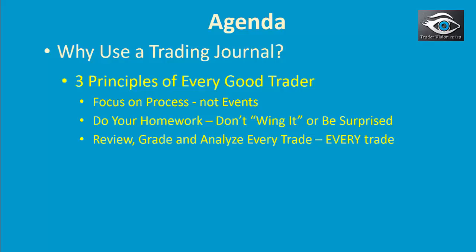That way, when the things that you cannot control fall in your favor, you're ready to capitalize on them. And when things that you cannot control go against you, you're able to mitigate the impact. If you can trade by these 3 principles, you will be a good trader. And just a side note, these are the 3 principles that underlie TraderVision 2020.